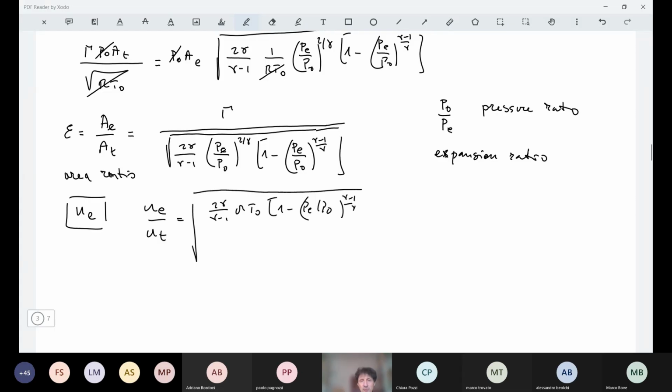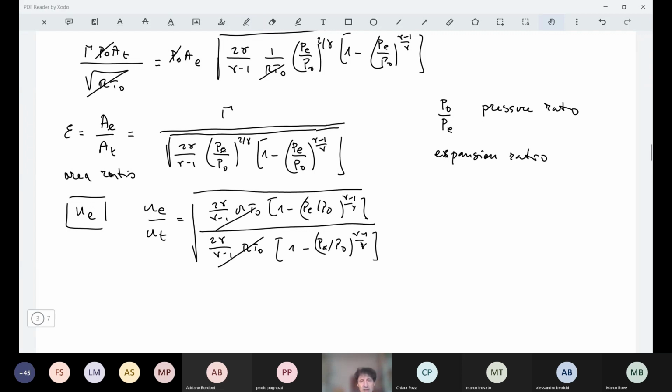This was the expression of UE, and this is the expression of UT, where the difference is, of course, the pressure you have here. And so you can simplify.